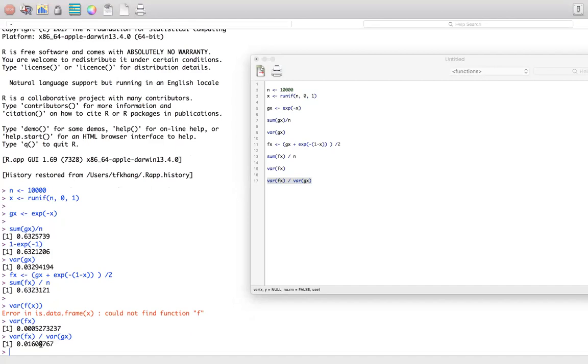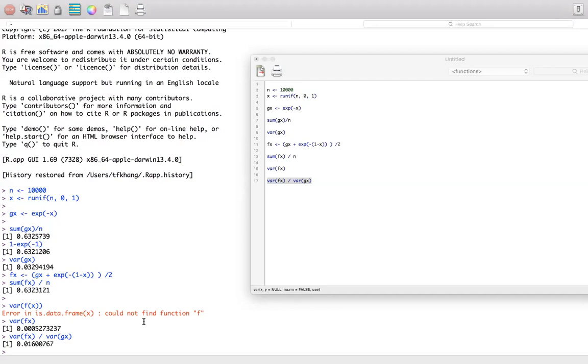So you have managed to achieve, using antithetic variables, a reduction of close to 98%. The variance has dropped by 98% compared to the variance if you just use independent variables.